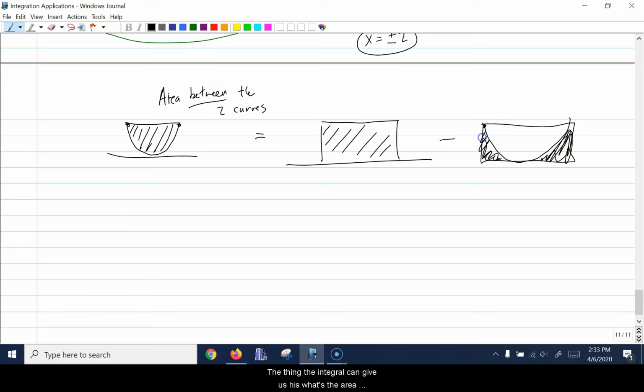The thing the integral can give us is the area between a curve and the x-axis. If I want the area between two curves, it's pretty easy to write that as the difference between the area between one curve and the x-axis and the area between the other curve and the x-axis. This one's a rectangle. I can do the area of that by hand.